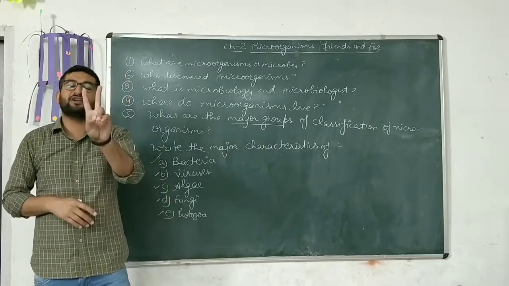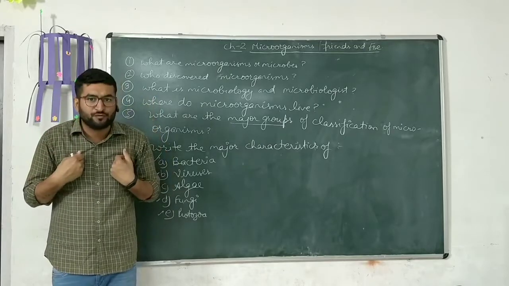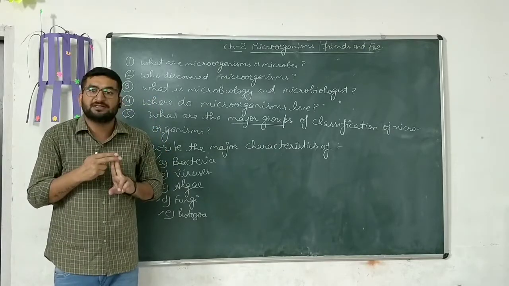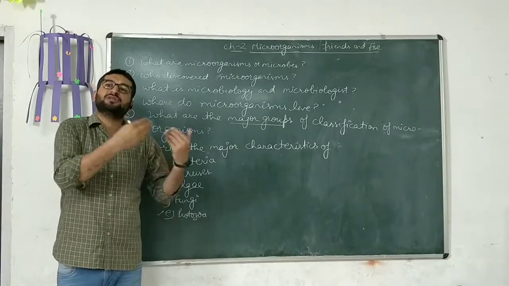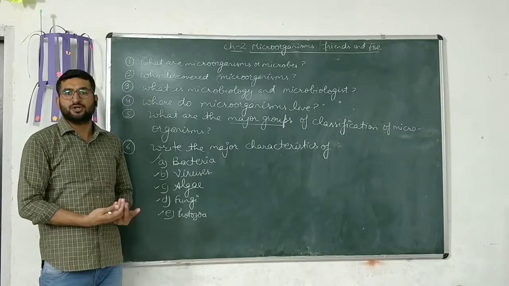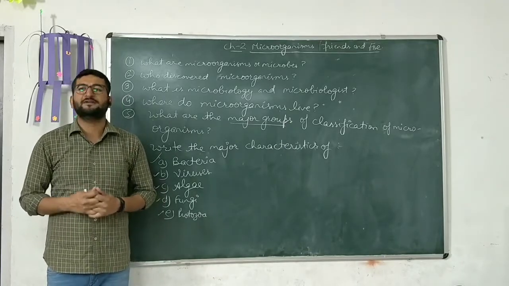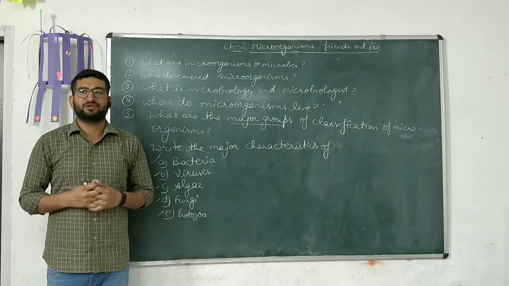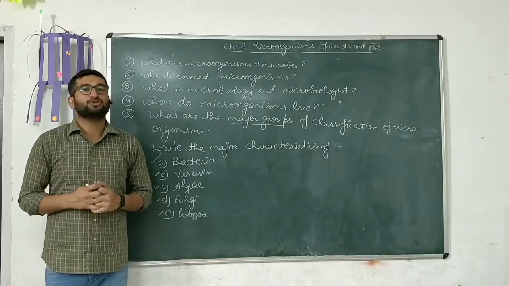So it shows two kinds of nutrition: autotrophic, that is it can synthesize its own food, and heterotrophic, that is in the absence of light, it takes its food from other organisms. That mode of nutrition is known as the mixotrophic mode of nutrition, and the example of an organism possessing it is Euglena.